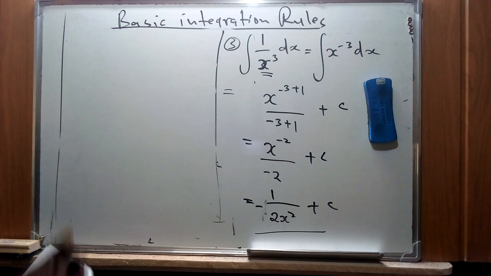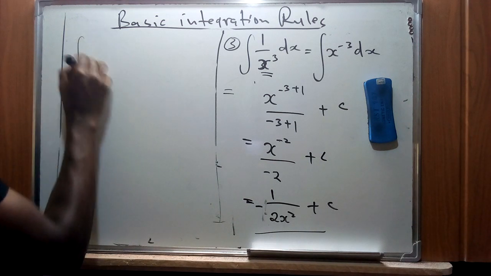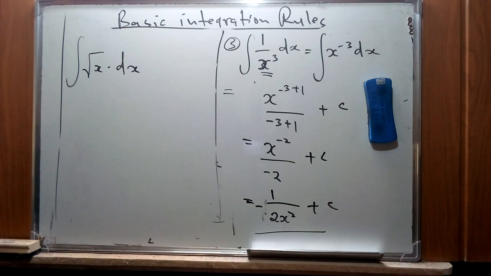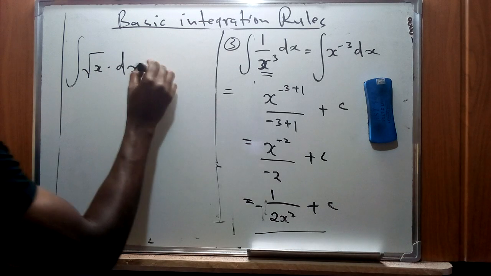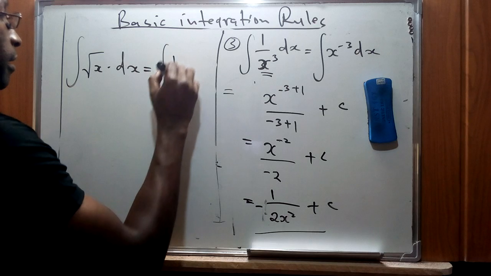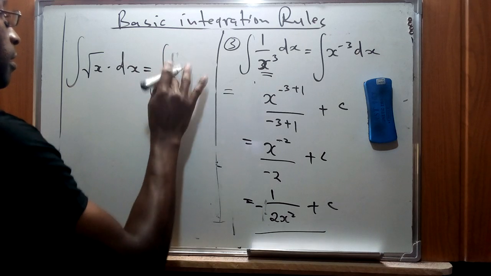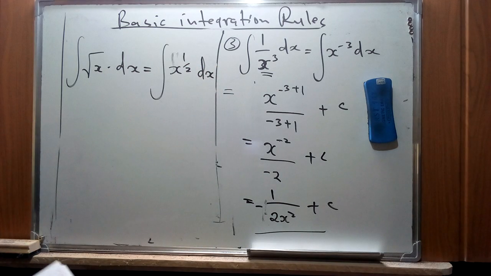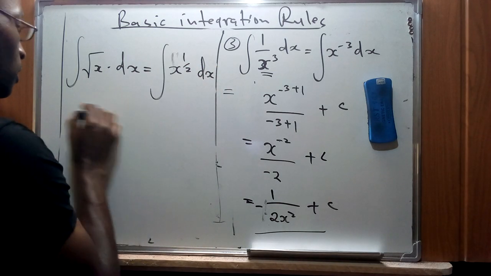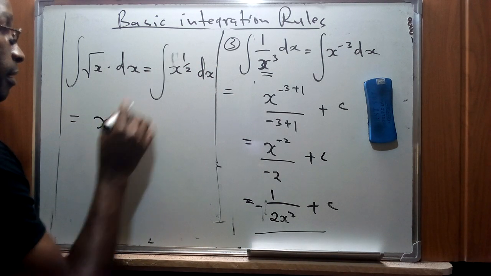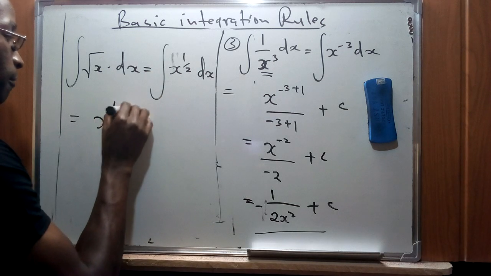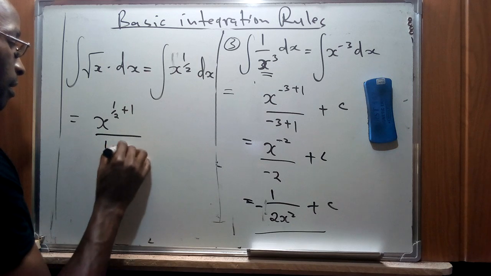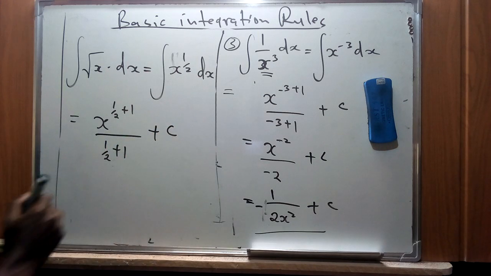And then we are going to look at another one, maybe that can have a combination of 2. This is the integral of the root of x dx. So we're going to write this one, of course, again as x to the half dx, and this is going to be x, still an exponent, so it is x to the half plus 1 all over half plus 1 plus c.